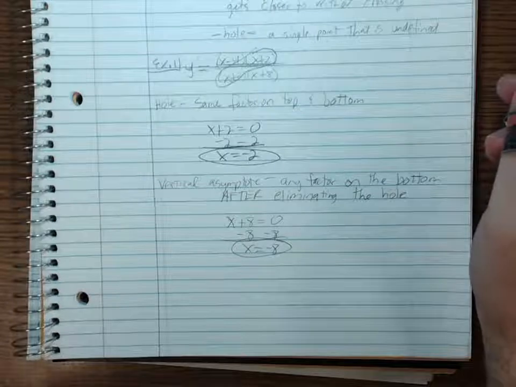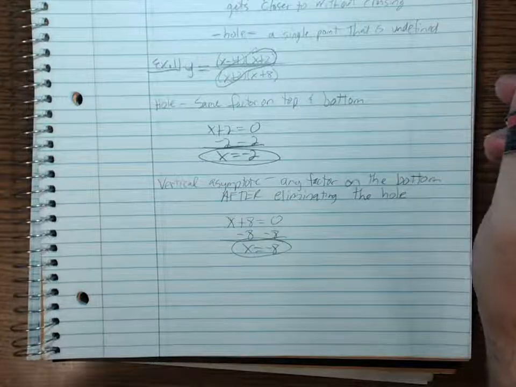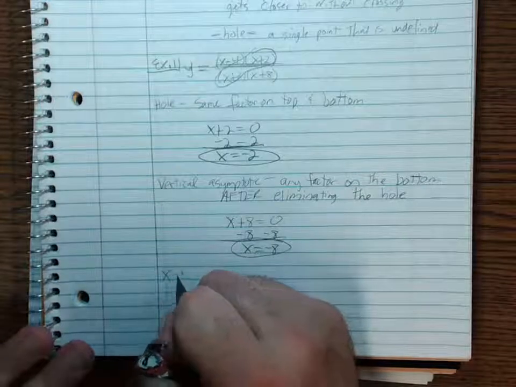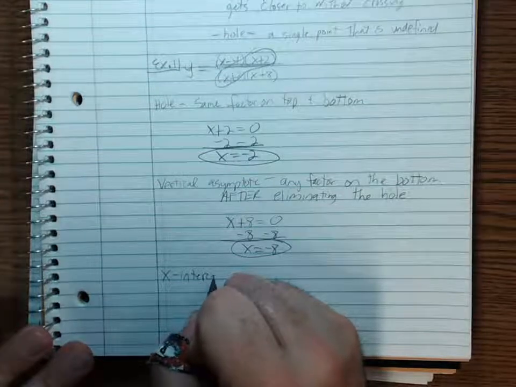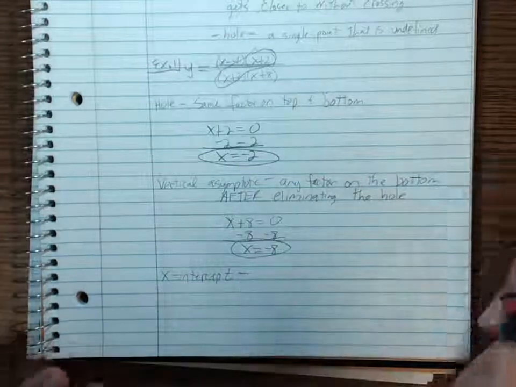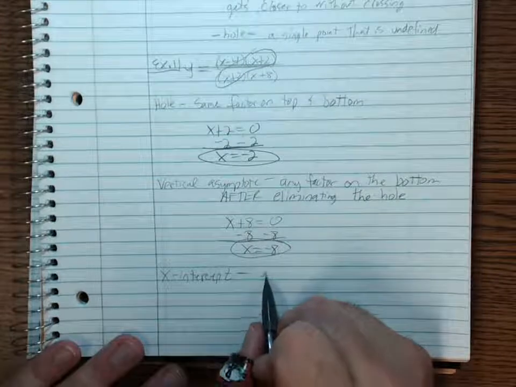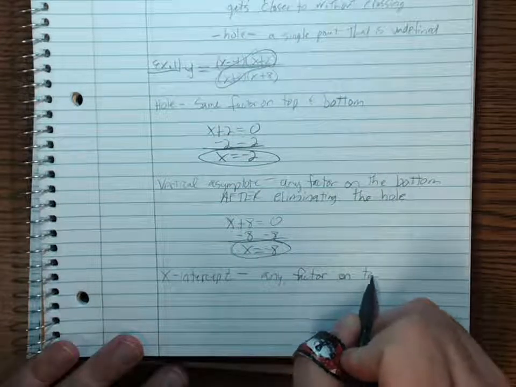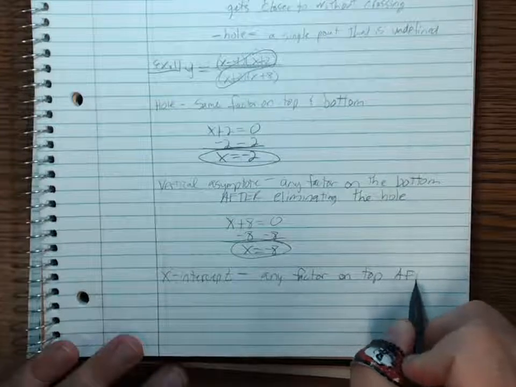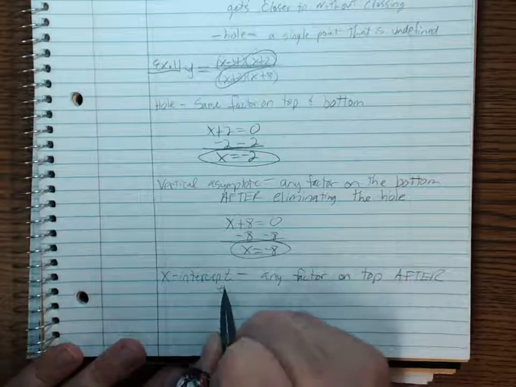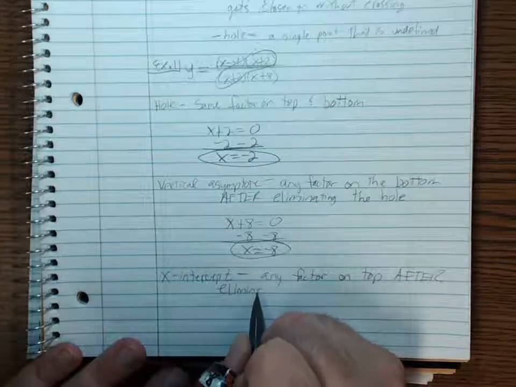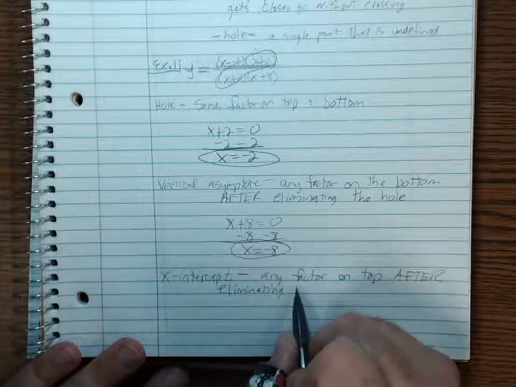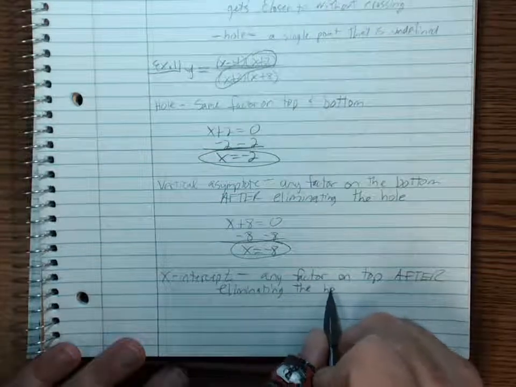I am going to jump then to x-intercept, because its definition is very similar to vertical asymptote. This will be any factor on top after eliminating the whole, or the holes.